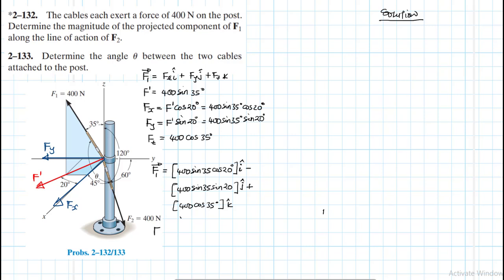So F1 will be equal to, if we did the multiplication, then we'll have the following values: 215.59i minus 78.47j plus 327.66k.